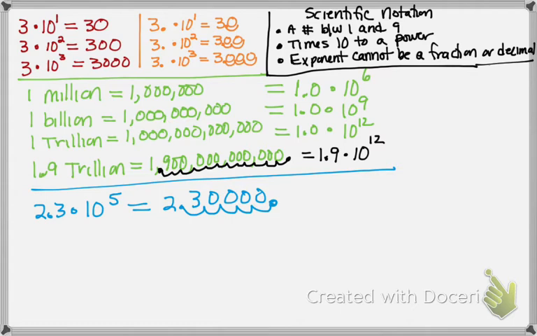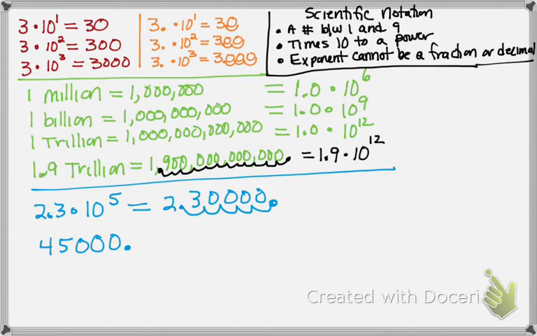Okay, now, what if I have a number that is in standard form and I want to put it in scientific notation? So what if I have the number 45,000, and I want to put that in scientific notation. So my decimal point's at the end, and I have to move it until I have a number between 1 and 9.